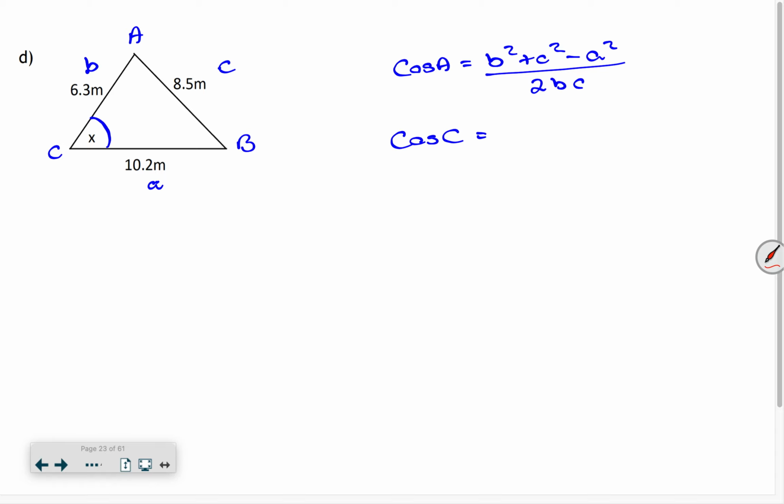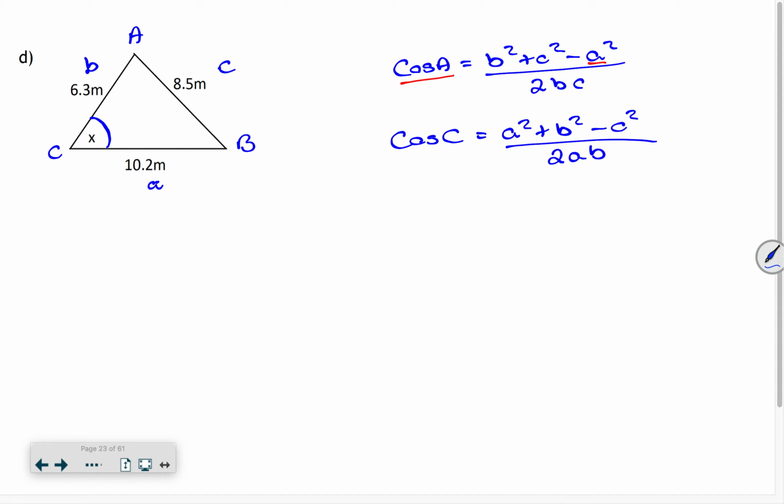And remember, look at the pattern of the letters. If this is angle A, this is side A. So if I'm looking for angle C, then the thing I'm going to subtract on the numerator will be side C. So that will be a squared plus b squared minus c squared all over 2ab.